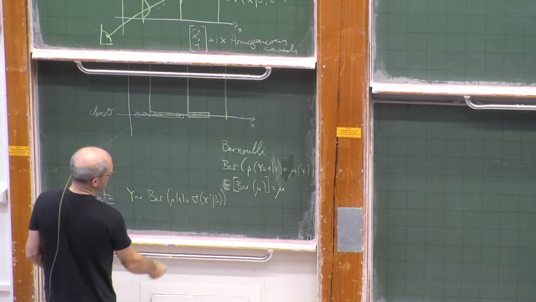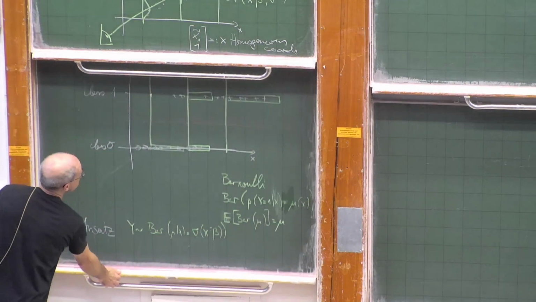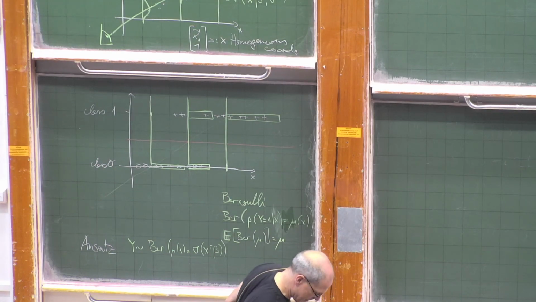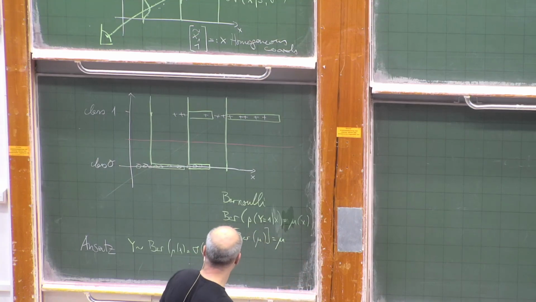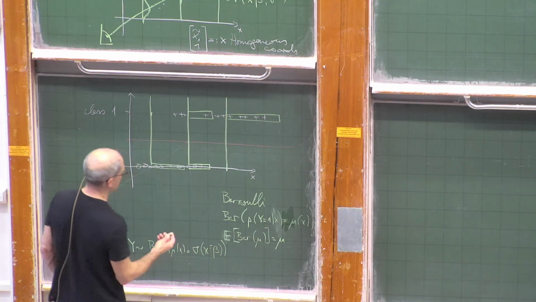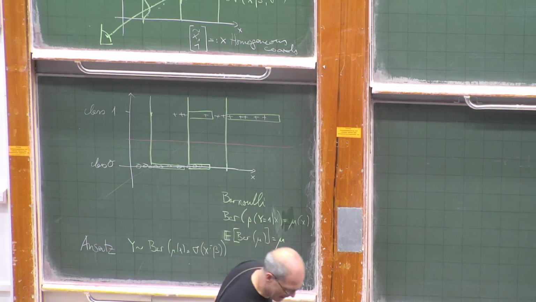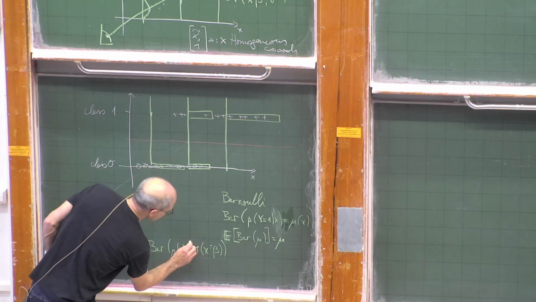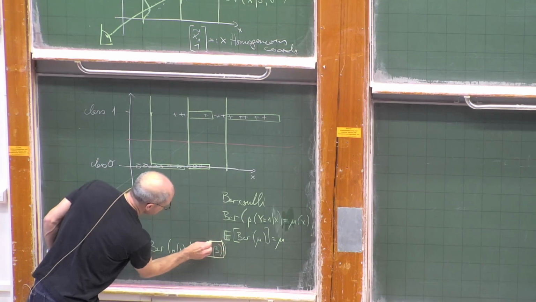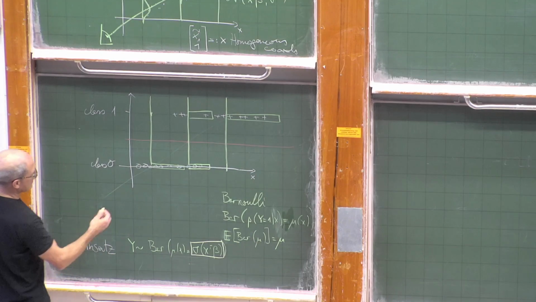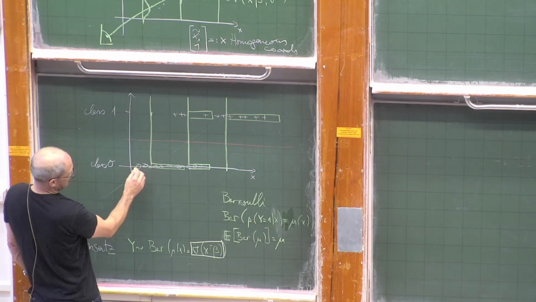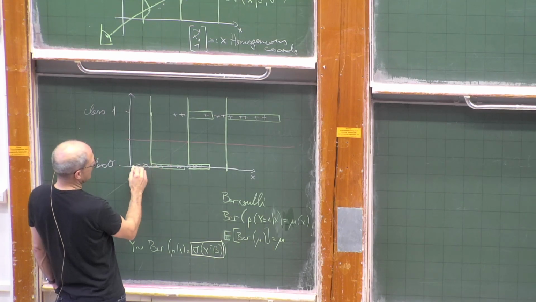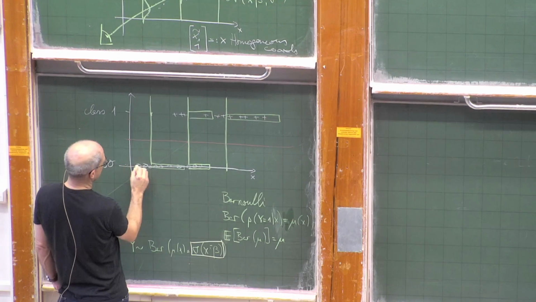Here we want something which is close to 0, in this particular example, on the left-hand side.